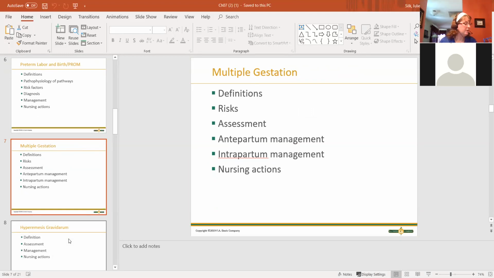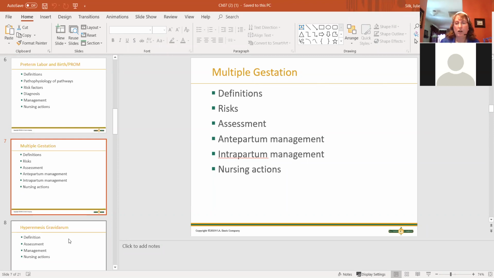Okay, so then the chapter gets into multiple gestation. Multiple gestation, of course, just means that you're having more than one baby. Now, in the chapter here, they talk about monozygotic and dizygotic twins.